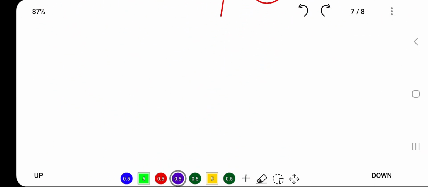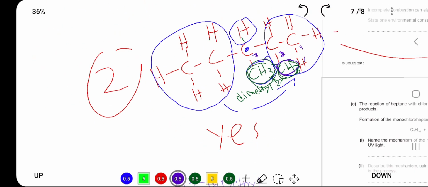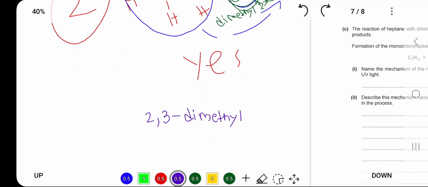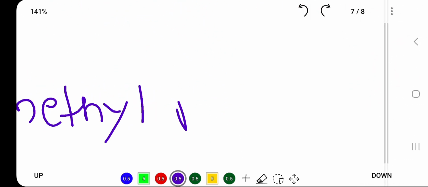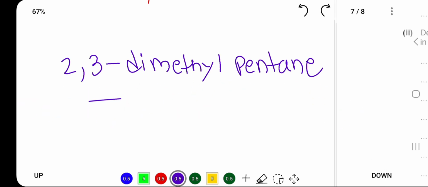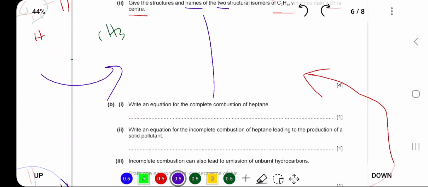So how do you name it? There's 1 methyl on the second carbon, another on the third carbon, so 2,3-dimethyl, as there are 2 methyls. Then the last thing is the entire chain. What is the entire chain? We have here 1, 2, 3, 4, 5. 5 is pent. So it is an alkane, so it is pentane. You named it. Great. Now you got 4 marks.